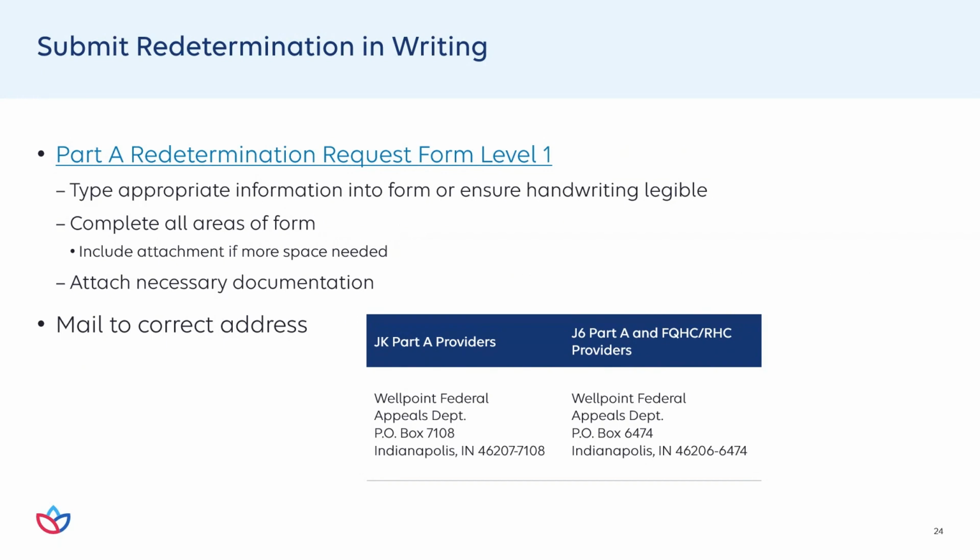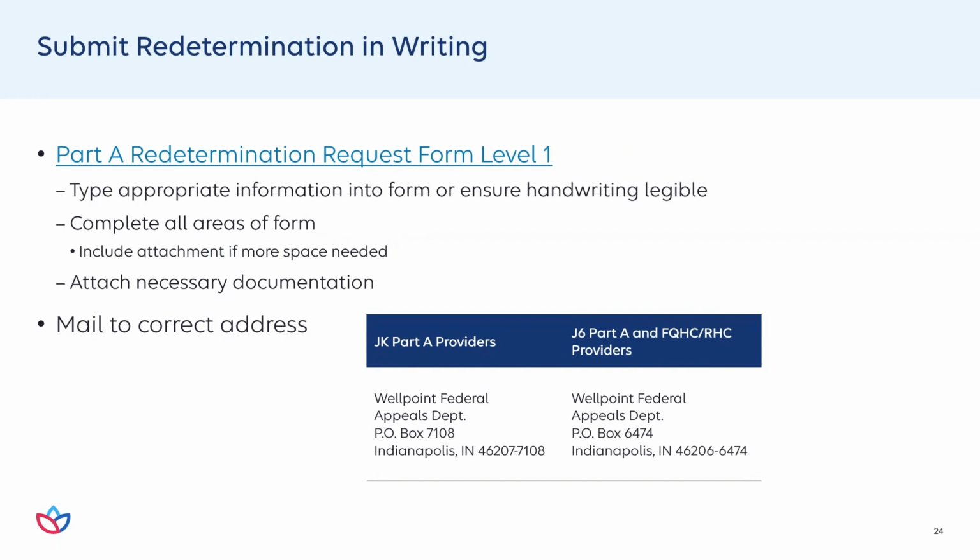You want to complete all areas on the form, and include any attachments if more space is needed. Remember the one claim per appeal rule, and attach any necessary documentation. When we talk about mailing to the correct address, you can see on this slide that for our JK, Jurisdiction K Part A providers, there is a different PO box than for J6 Part A, FQHC, and RHC providers.